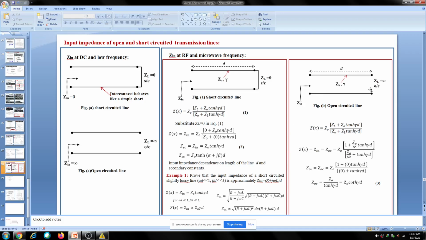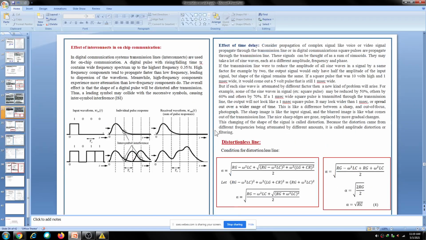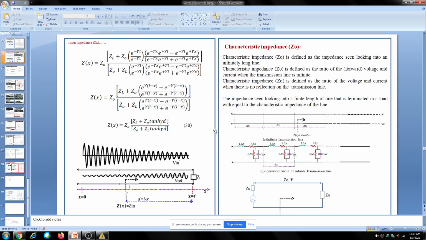Similarly, for an open circuited line, again what is the input impedance here? You take the general expression for impedance on a transmission line. If any load is there and you measure the impedance, it is a function of distance, which we derived here.